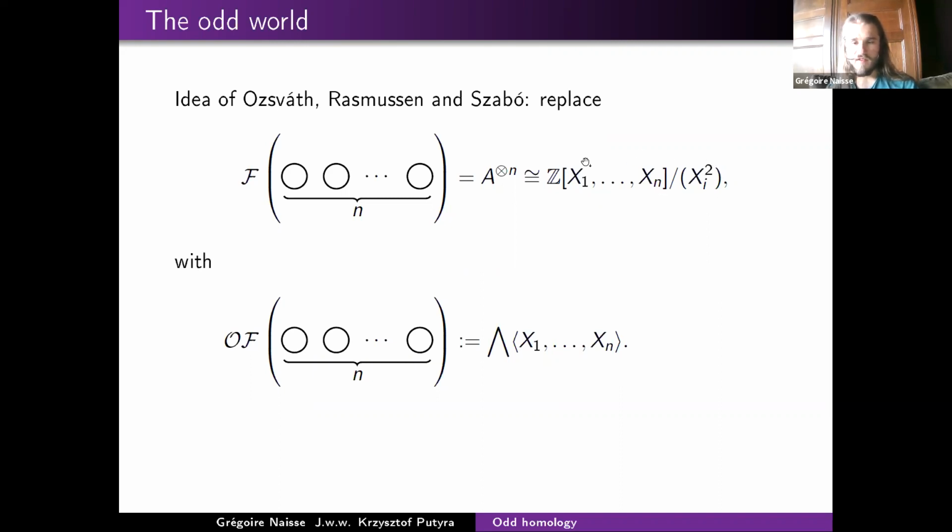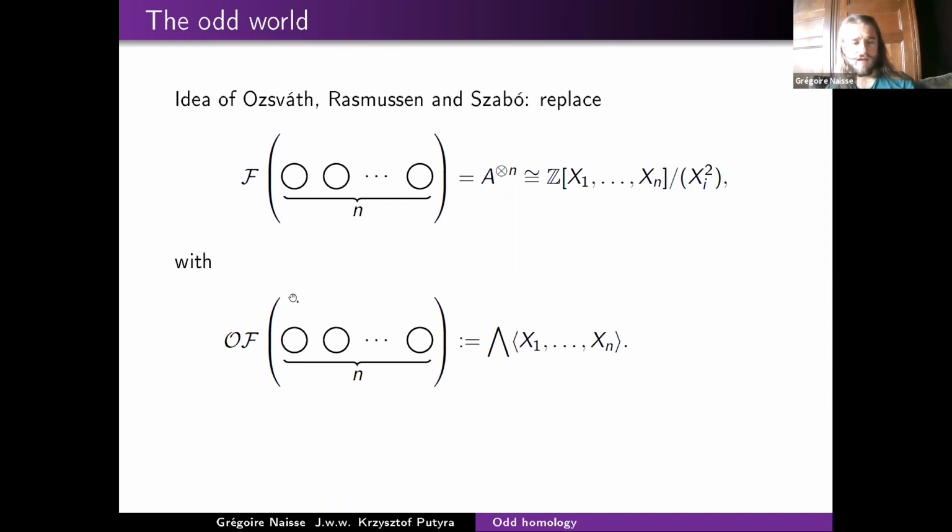So this is some kind of symmetric thing where variables commute. And so they suggested, what if we replace this by something antisymmetric, where variables anticommute? So what happens if you associate to a collection of n circles an exterior algebra in n variables, where x_i squared equals 0 is implicit here? Okay, so that's the idea of odd Khovanov homology.